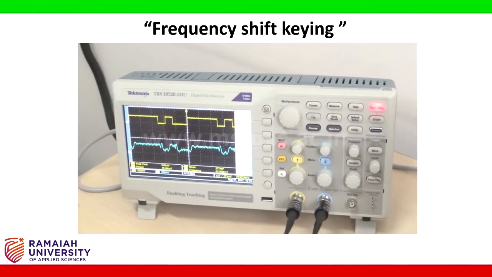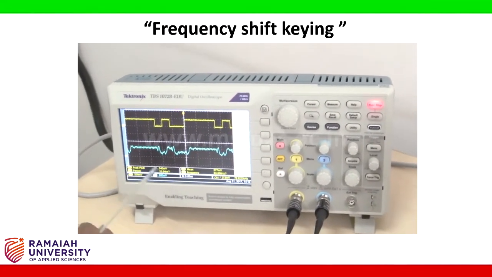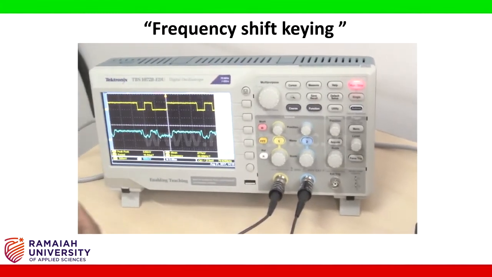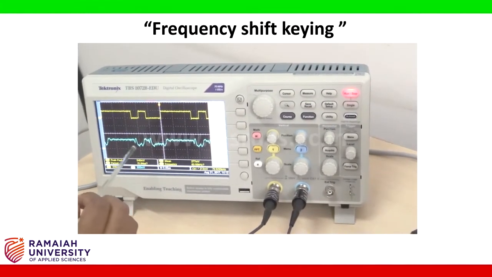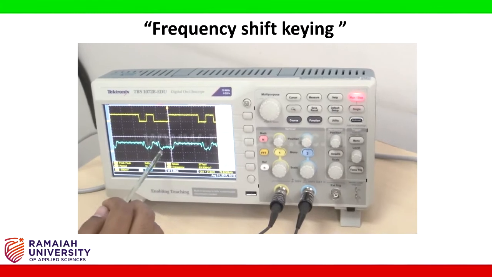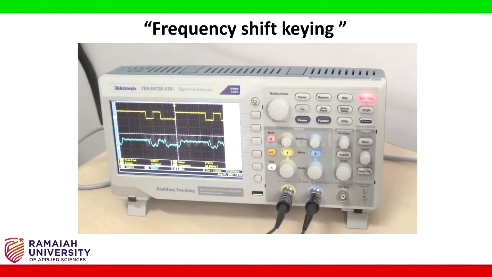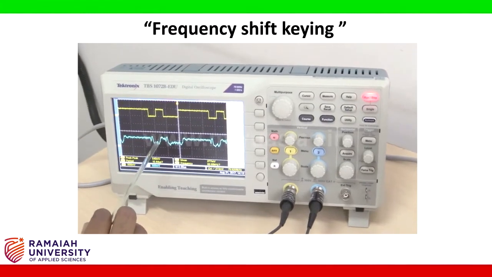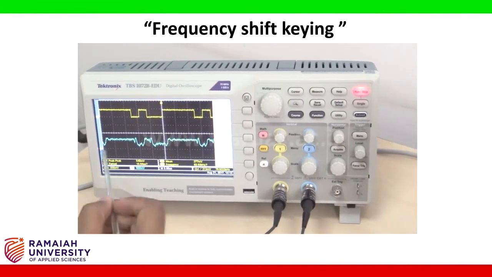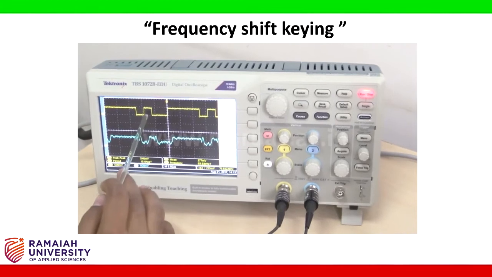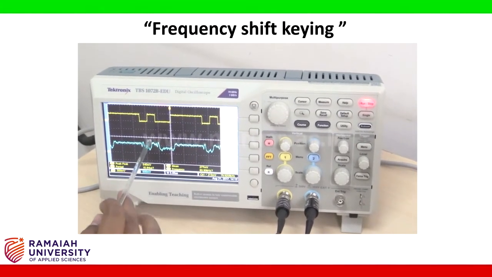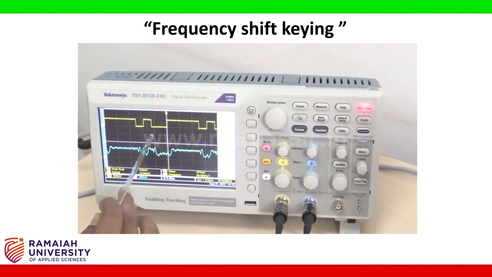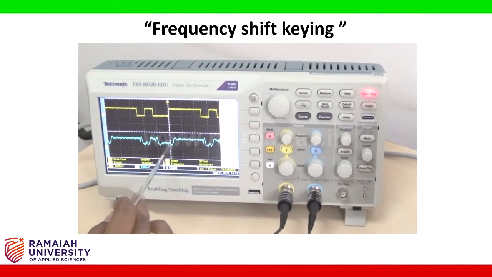We can observe here this is a low pass filter. Low pass filter is passing one particular frequency only, other frequency is suppressed, so it's detecting only the logic 1 envelope, and logic 0 is suppressed.